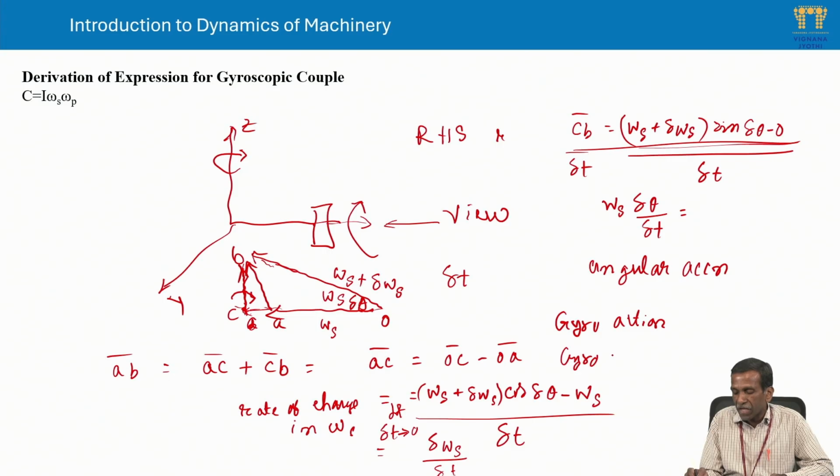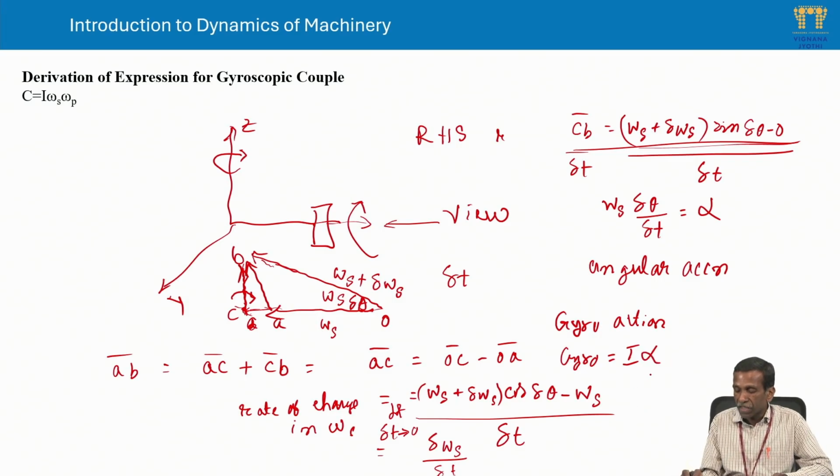The couple applied is equivalent to the mass moment of inertia times the angular acceleration that exists in that direction. I represent this angular acceleration with alpha, so it is I alpha.